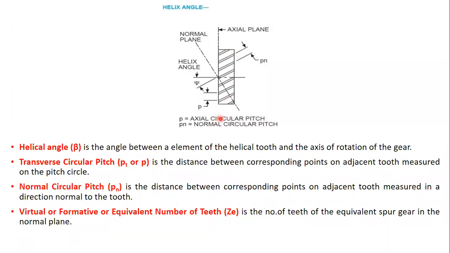The next one we will call the formative or equivalent number of teeth, or we will call it the virtual number of teeth.